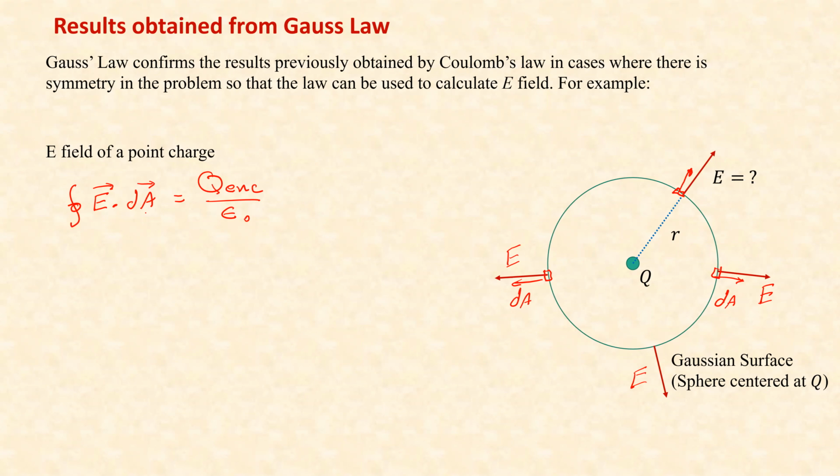So E dot dA becomes E times dA times cosine of 0, which is 1. So this becomes the integral of E dA over the surface equal to Q, which is the total charge inside, divided by epsilon naught. And E is the same everywhere, so we can bring it outside the integral.